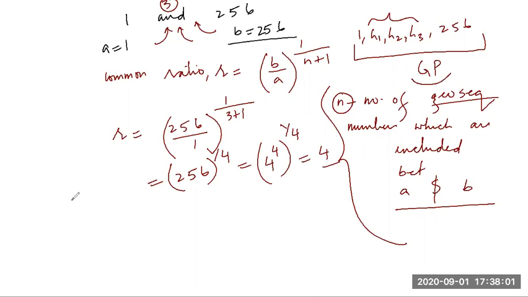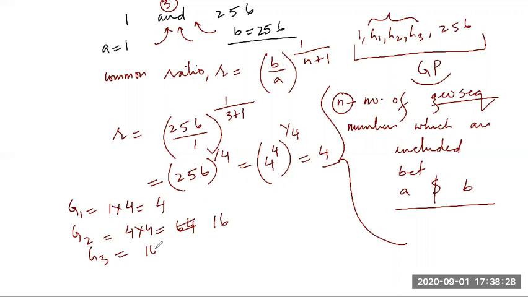If r is equal to 4, the first term will be a into r. A into r is 4. The second term would be 4 into 4, that is 16.